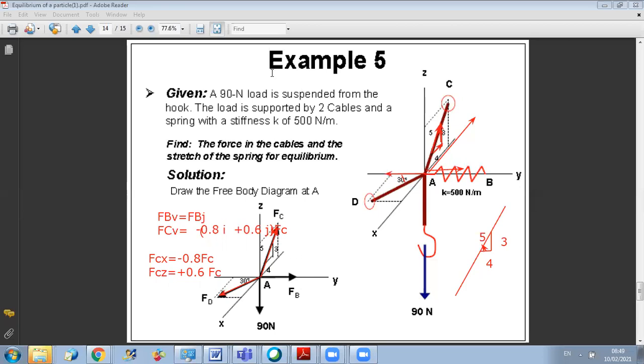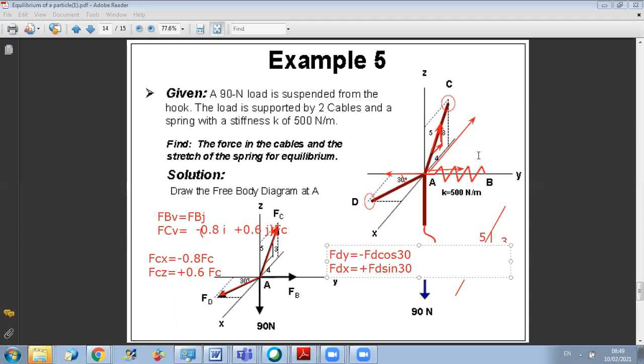And since the projection is negative, as you can see here, I can write that FD along Y is equal to minus FD cosine 30, okay? And FD along X is equal to plus FD sine 30, and no component along Z. So you can write any force as a vector, or you can write it as components.